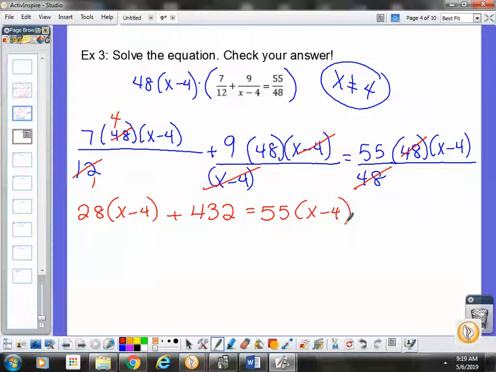After I have distributed, now I'm going to solve my equation. 28 times 4 is 112.